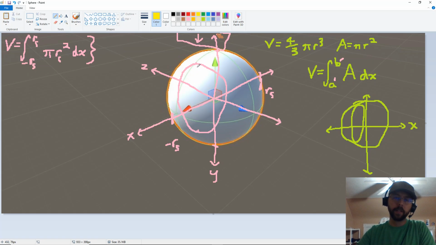Let me try blue, since yellow's hard to see. This represents the radius of our circle. This is supposed to be the center of my circle. You've got to use your imagination, my drawing's not very good. This is my circle, and it's perpendicular to the x-axis, parallel to the y-axis. This right here represents r sub c.